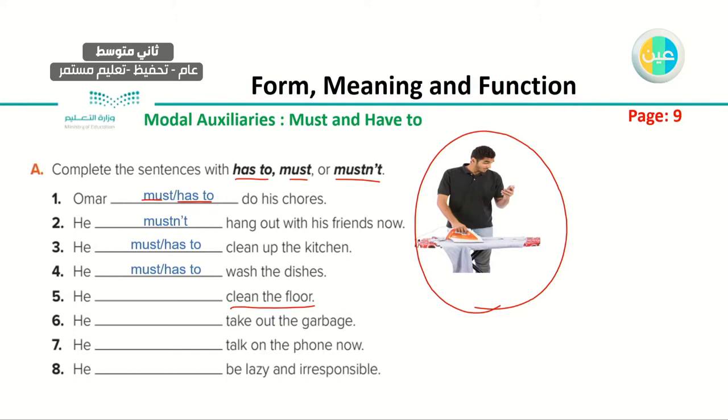He has to clean the floor. Okay, good. Number 6, take out the garbage. Taking out the garbage is one of the chores or jobs that we have to do at home. So he must or he has to take out the garbage.